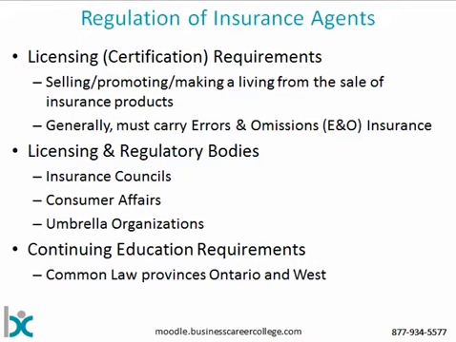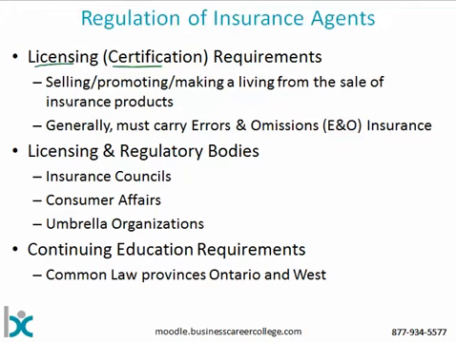So then we look at where insurance agents are regulated and what the regulated activities are. What requires regulation, or what requires an insurance agent to be an agent? Now we usually say insurance license, but technically most provinces, you're obtaining a certificate to act as an insurance agent, and it doesn't matter if you're working in a captive agency system or an MGA system or some hybrid or variation.